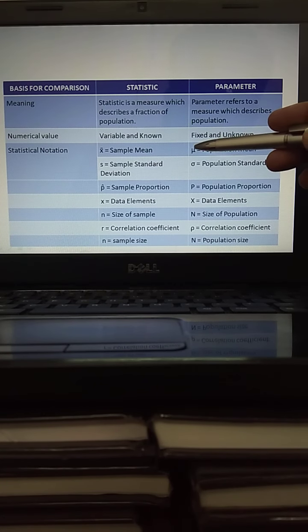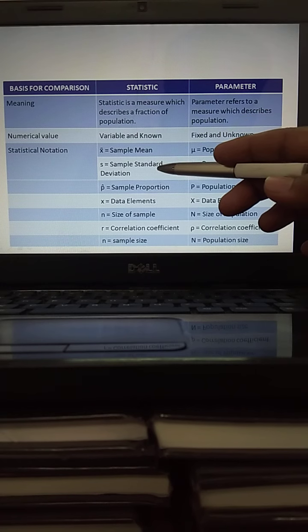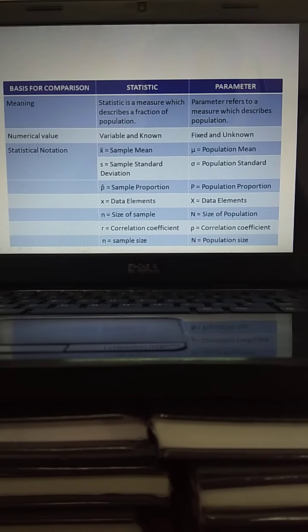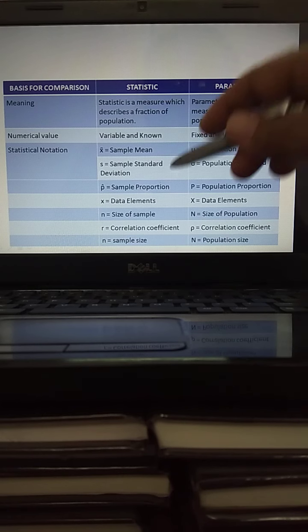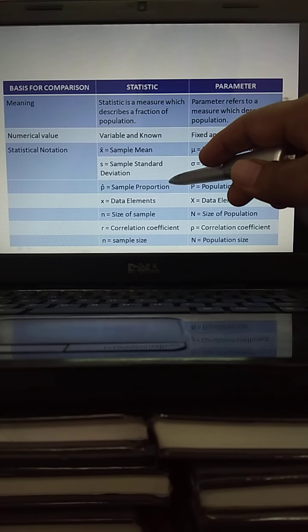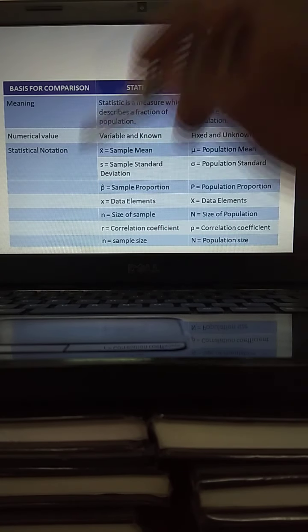Greek letter mu. Same way, the sample standard deviation is small s, lowercase s. The population standard deviation is sigma. For the sample proportion we use the symbol small p, lowercase p.